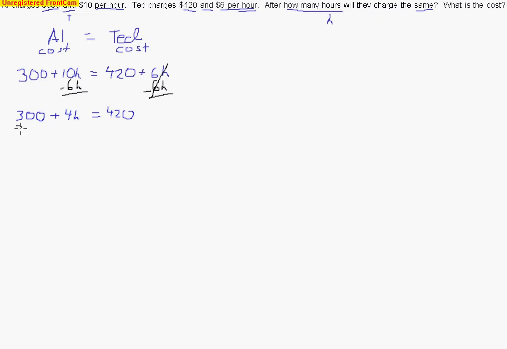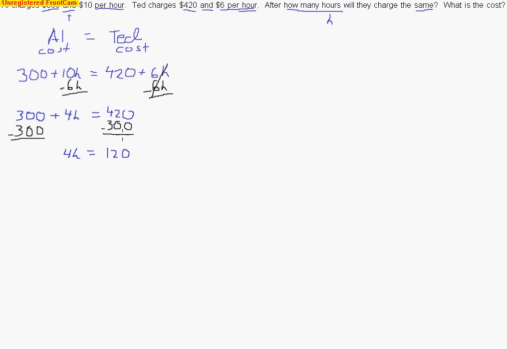So now I need to move the constant, the 300, to the other side. So basically I'm subtracting the two persons' initial charges. I'm subtracting Al's charge from Ted's charge to find out what is the difference between the two. And that difference is 120 when you do that subtraction. So what we need to write down is to bring down this 4h, and the difference of those two, which we said was 120.